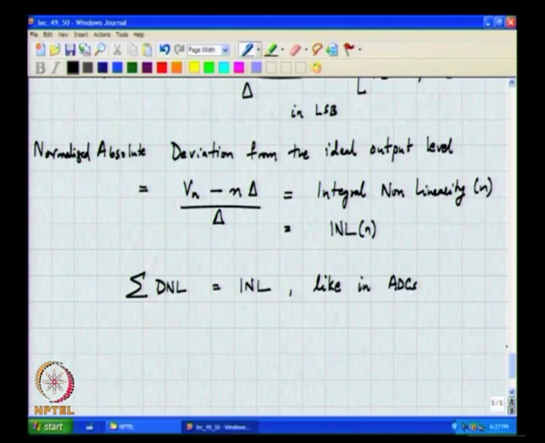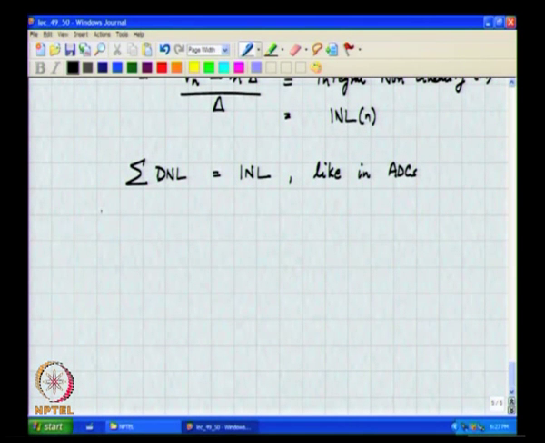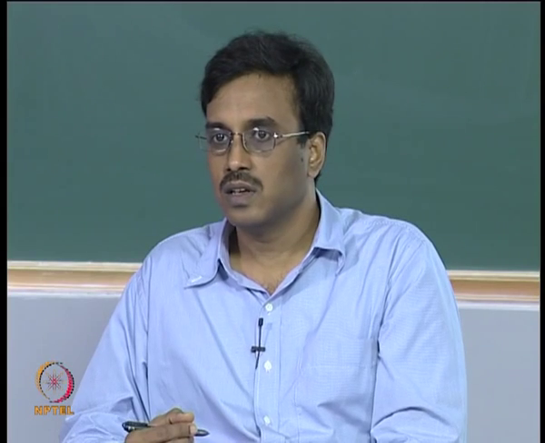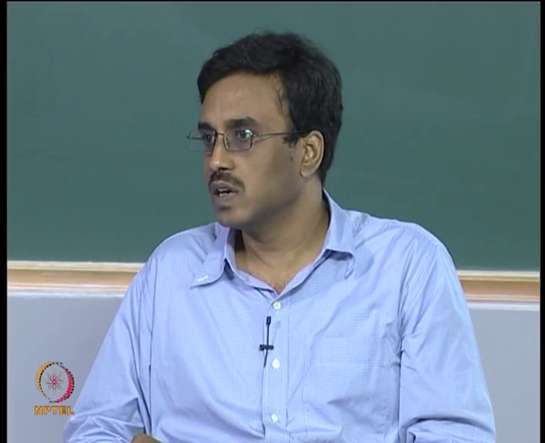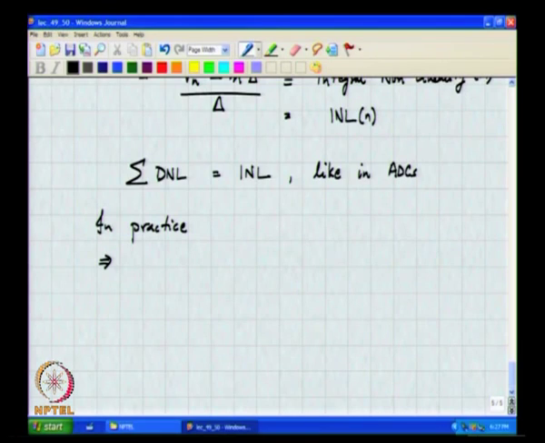All right. Now, these in practice it is not as if the converter will have just offset or just gain error or only DNL or INL, right. The whole thing will come as a cocktail. So, in practice the converter will have offset plus gain error plus nonlinearity, which is characterized by DNL and INL.